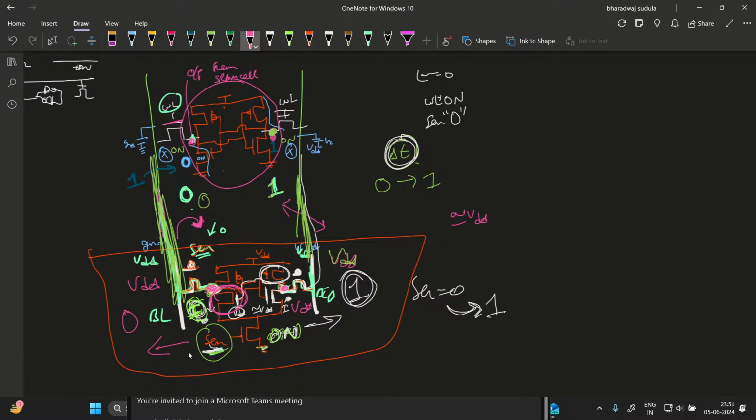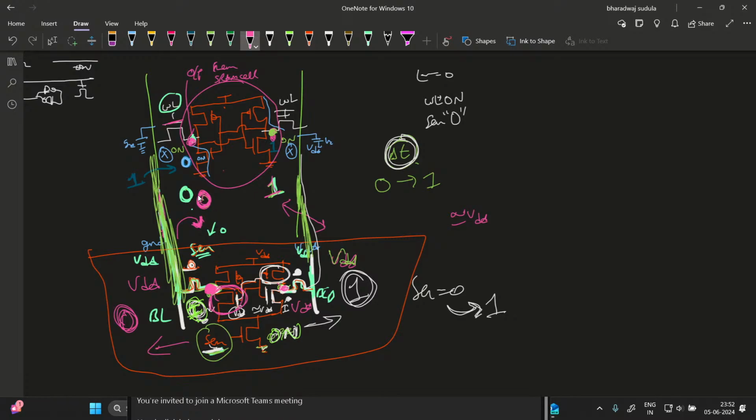Initially in the SRAM cell you have 0 here and 1 here. Now on this side you got 0. So if you have stored information 0 on the left side, you will get that information on the SenseAmp on the same side itself.